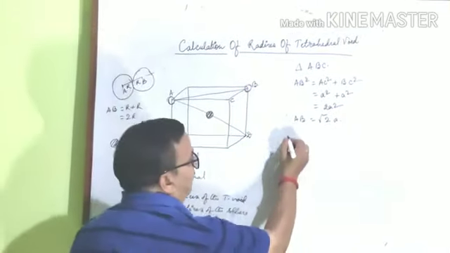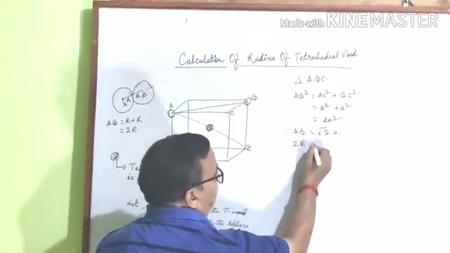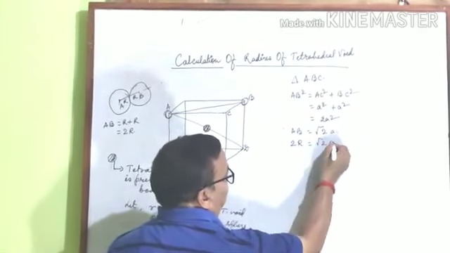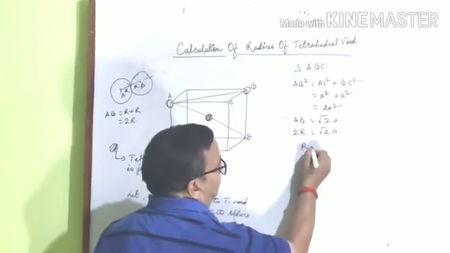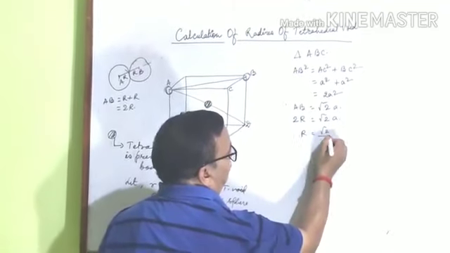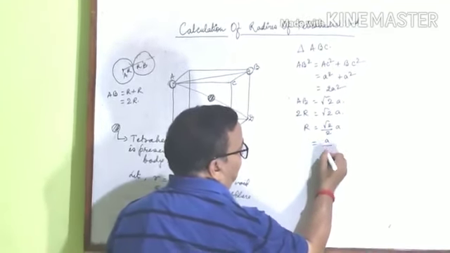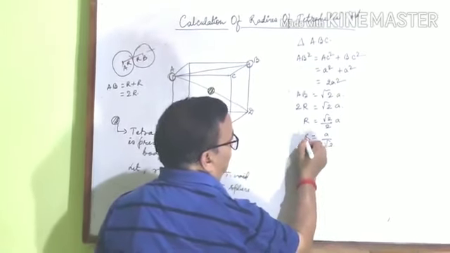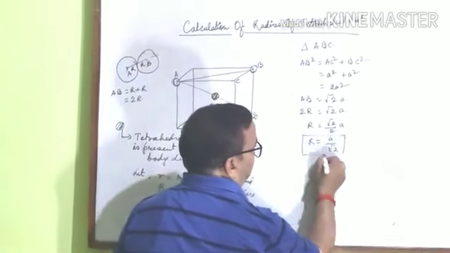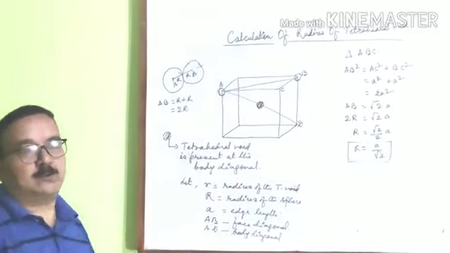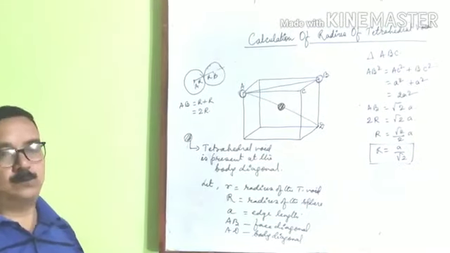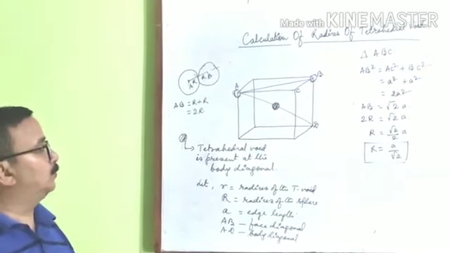Therefore we can say that 2R is equal to root 2 a. Therefore R is equal to root 2 by 2 a, that is a by root 2. So the radius of a sphere is equal to a by root 2. This is equation 1.